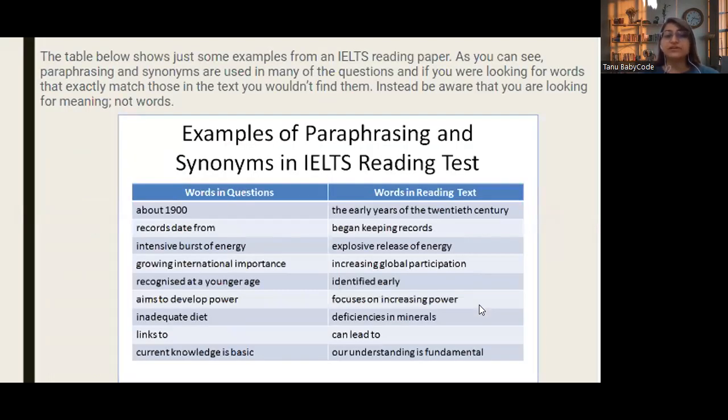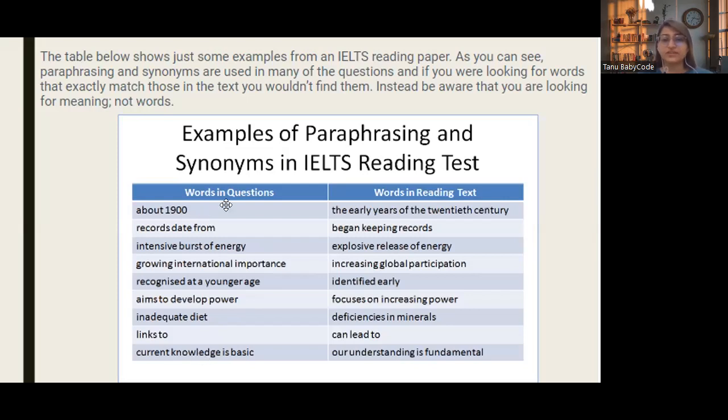Now the table below gives you some examples from a reading module. As you can see, paraphrasing and synonyms are used in many of the questions. And if you are looking for words that exactly match those in the text, you won't find them. So be aware that you are looking for meanings, not words.